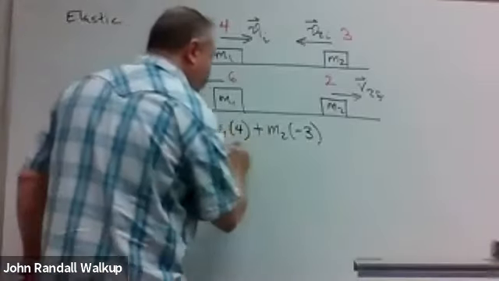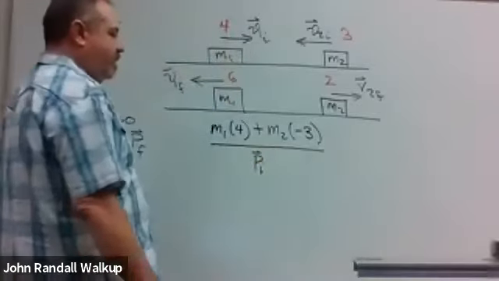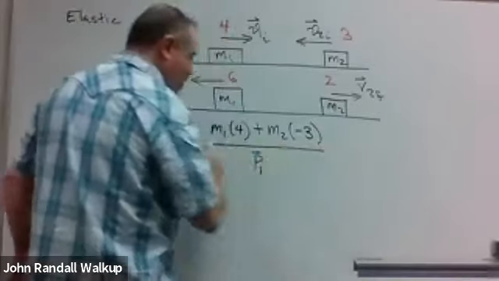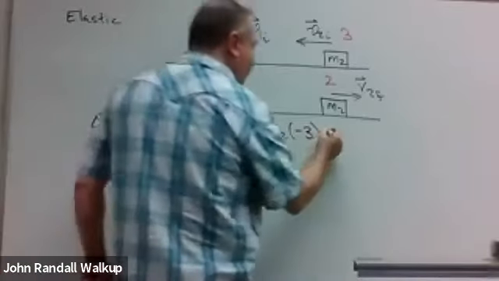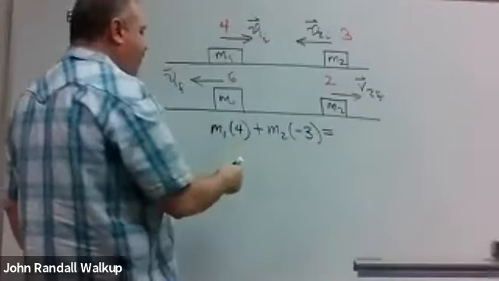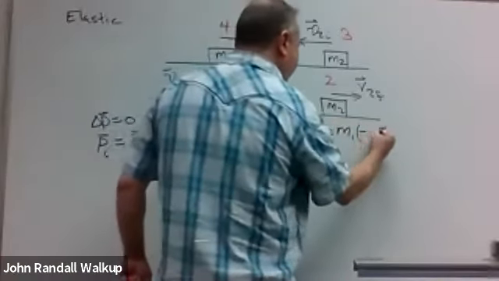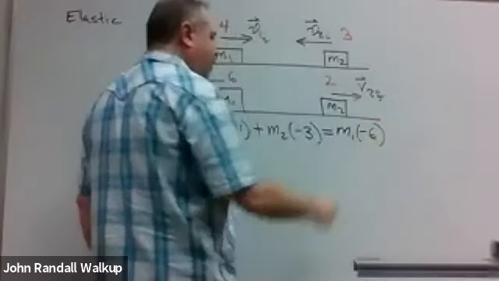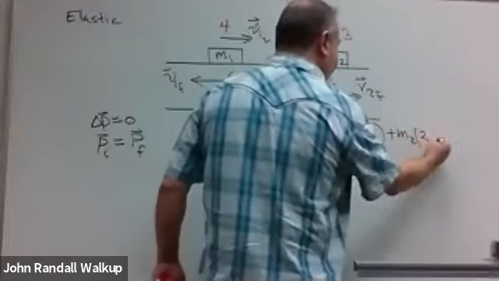So this is the total momentum before. This must equal the momentum after, which is going to be M1 times -6 plus M2 times +2.